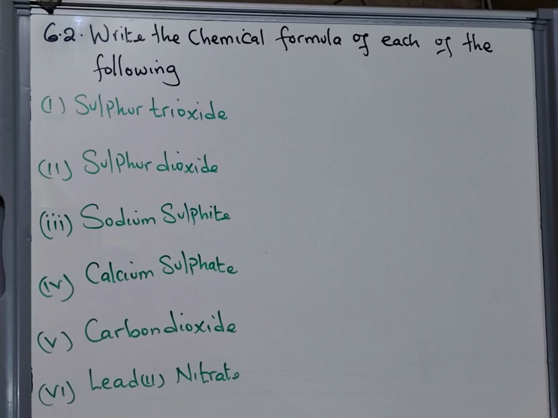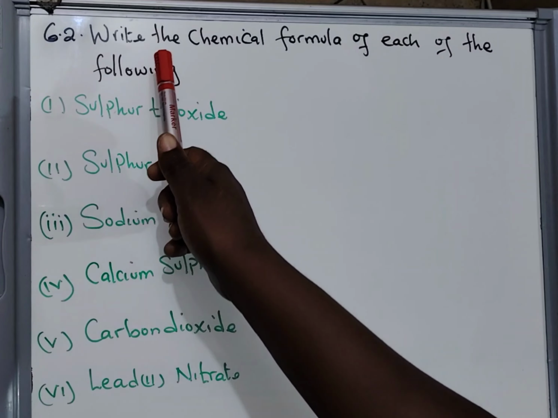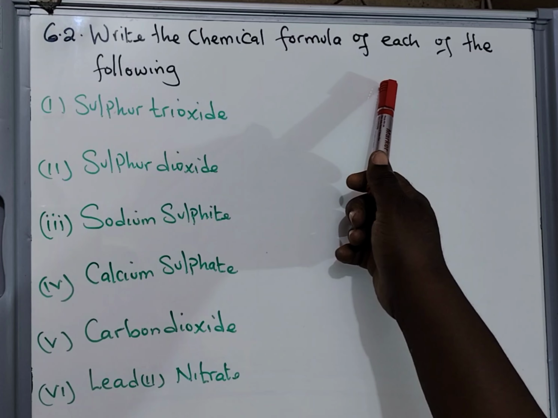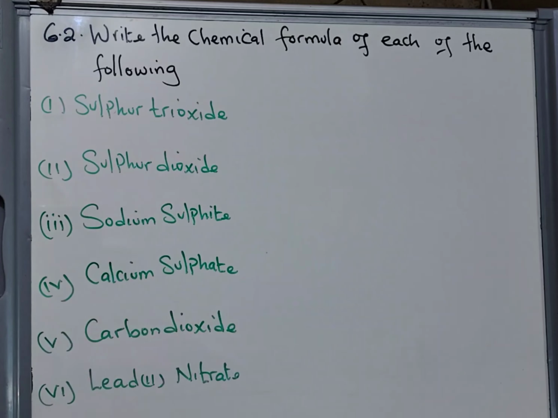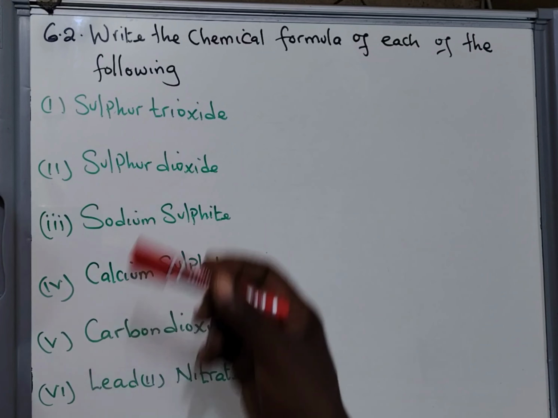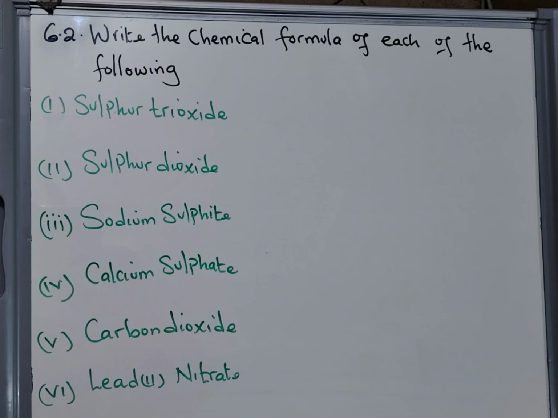Yeah, so we come to this question. It says write the chemical formula of each of the following. Okay, the first one is sulfur trioxide.